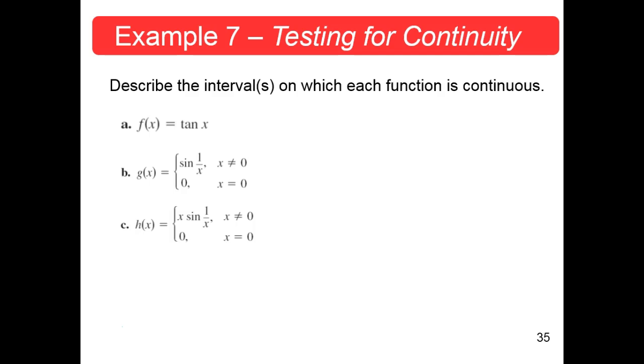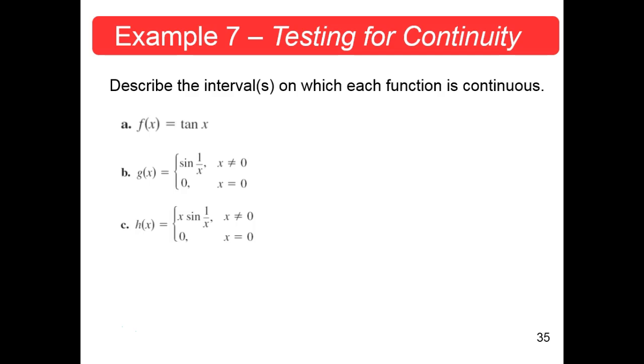If you assign a value at 0 here, does this make this continuous? Not really, because remember what this was doing? The closer you get to 0, it goes up and down, up and down, between plus and minus 1, faster and faster, but never rests at anything. So defining this at 0 doesn't make that continuous. So this will never be continuous because this is not defined. So don't ever expect it to be.